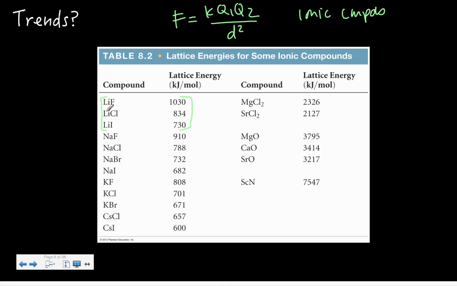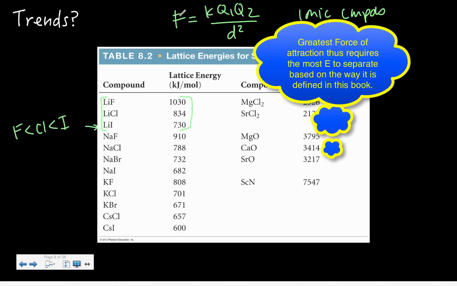Lithium is obviously constant. What do we know about the size of fluorine relative to chlorine relative to iodine? We know that iodine is bigger than chlorine is bigger than fluorine, which means that this one has the biggest diameter, the lowest force of attraction. This one has the smallest diameter, greatest force of attraction.